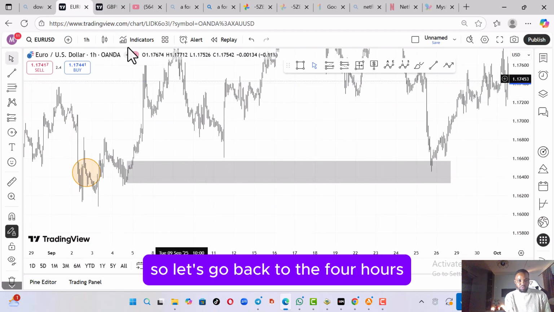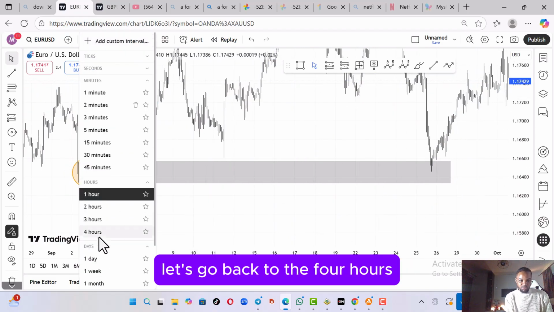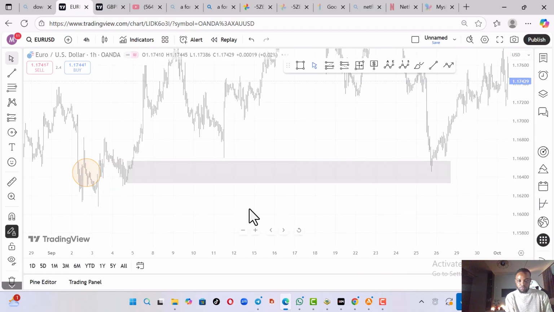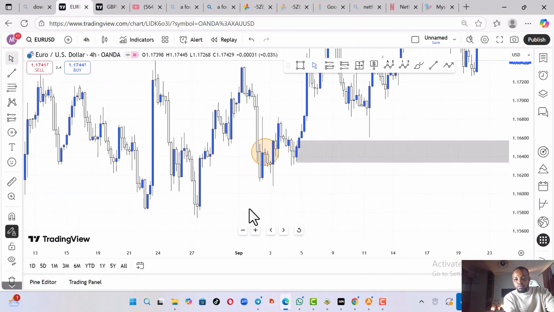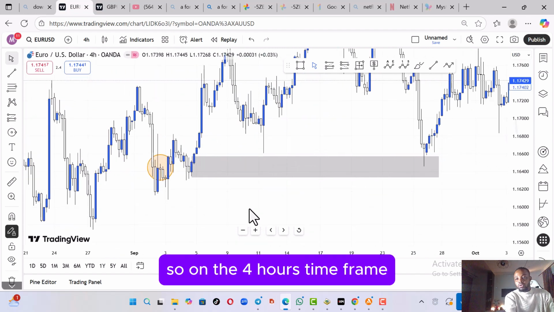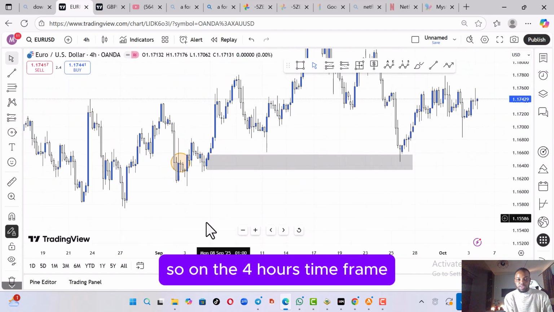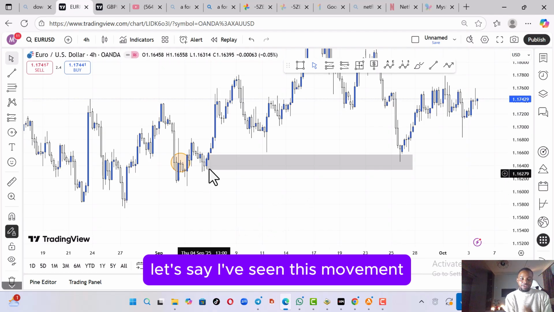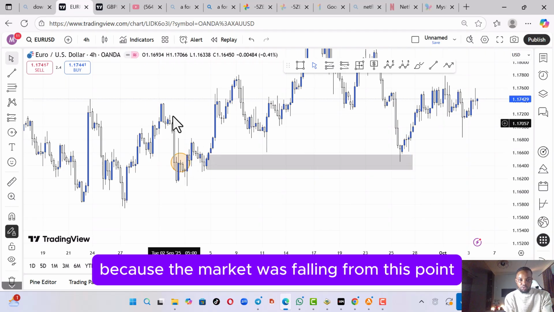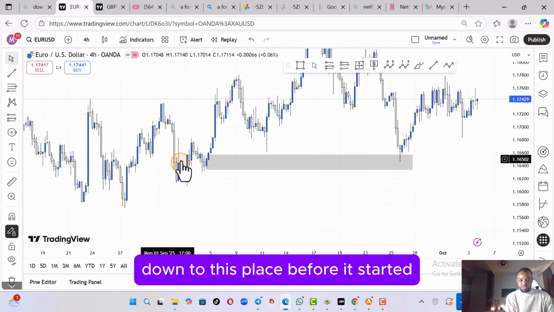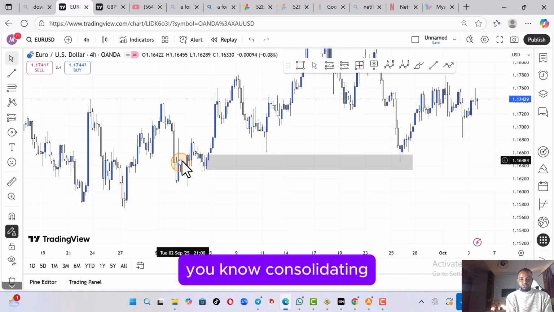So let's go back to the 4 hours. On the 4-hour time frame, let's say I've seen this movement. As you can see, there were reactions here because the market was falling from this point down to this place before it started consolidating.